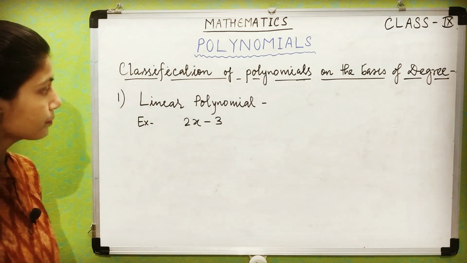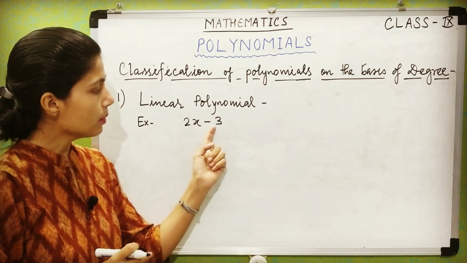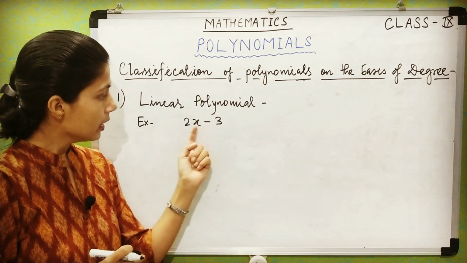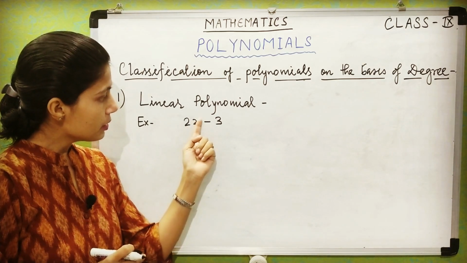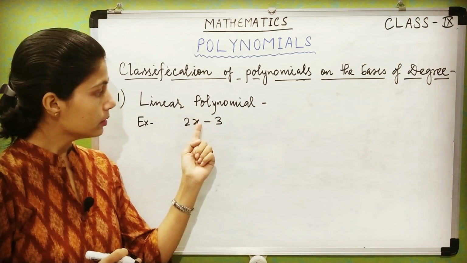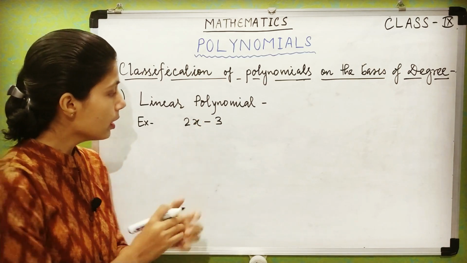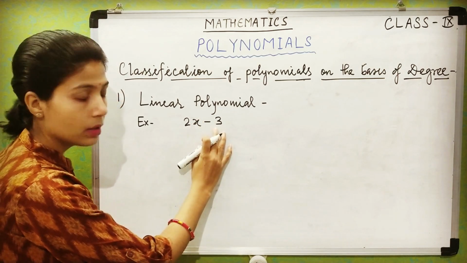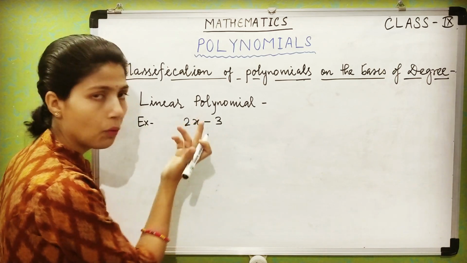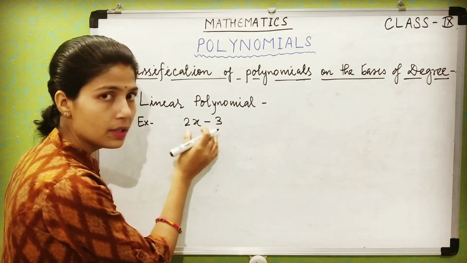2x minus 3. Here see, x is raised to power 1. There are only 2 terms and the highest power is 1, so its degree is 1.